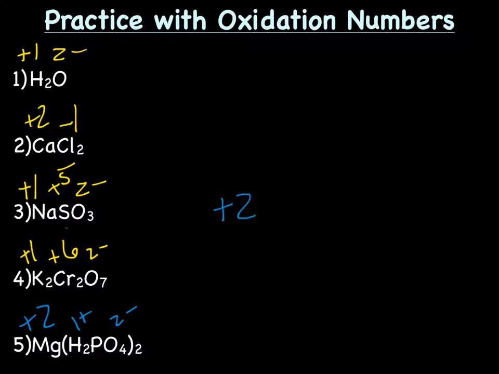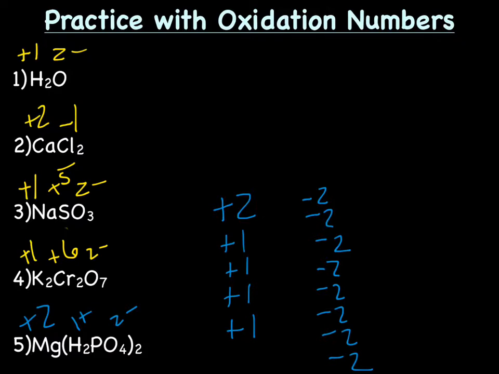Hydrogens, we have 2 times 2, right? So we have 4 hydrogens. So we have 1, 2, 3, 4 hydrogens. And oxygens, we have 2 times 4, which is 8. So we have 8 oxygens. 1, 2, 3, 4, 5, 6, 7, 8.